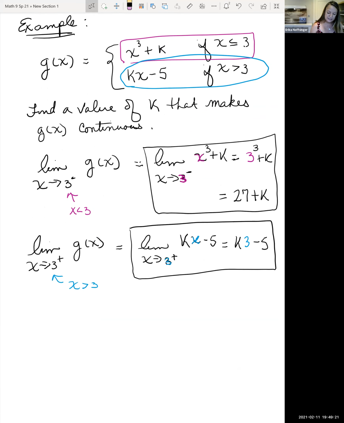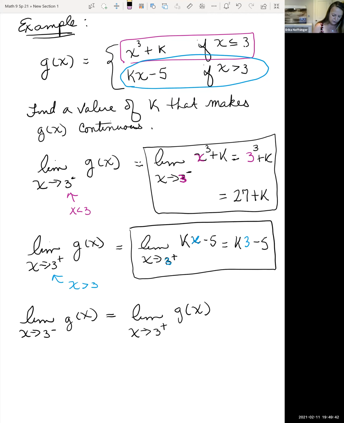So for it to be continuous, again, the limit has to exist. So we know that the limit as x is approaching 3 from the left of g of x has to equal the limit as x approaches 3 from the right of g of x. We just found that the limit coming in on the left was 27 plus k.